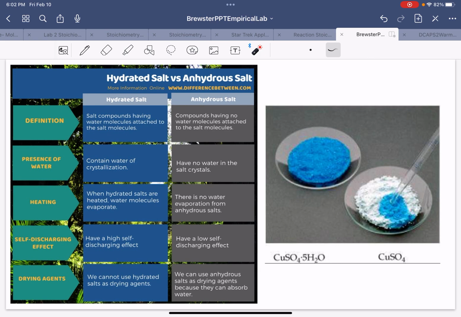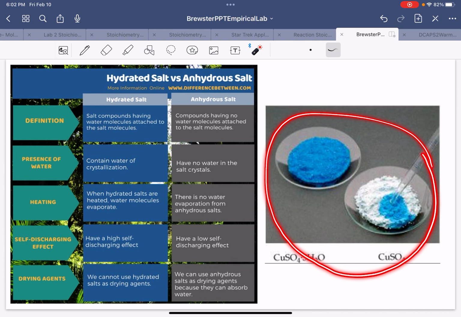Again, it's in the PowerPoint for you guys. Anhydrous means without, so it does not have water molecules attached to it. Hydrated salts have water attached to them. Notice, this is what we did for our lab here. There's our copper sulfate after we dehydrated it, and there it is with water again.